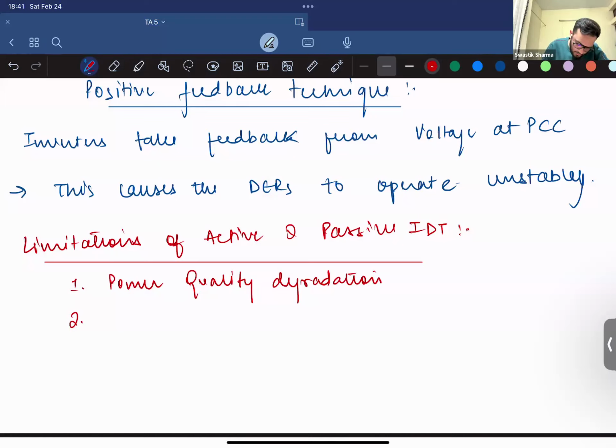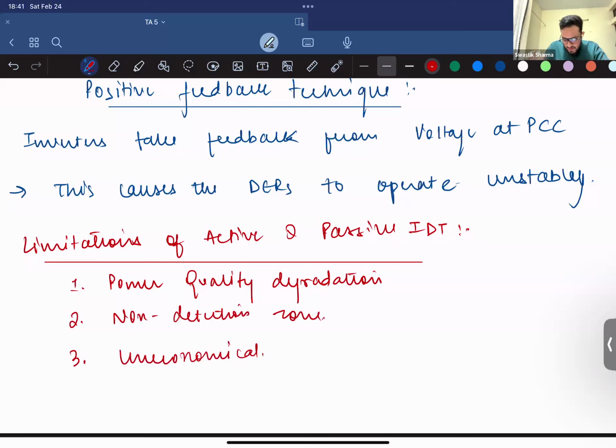Second, you have a non-detection zone, right? Third, it's uneconomical. If you have power quality issues, let's say voltage sag happening or frequency deteriorating, you use SVCs or different components which help in improving the voltage and frequency.